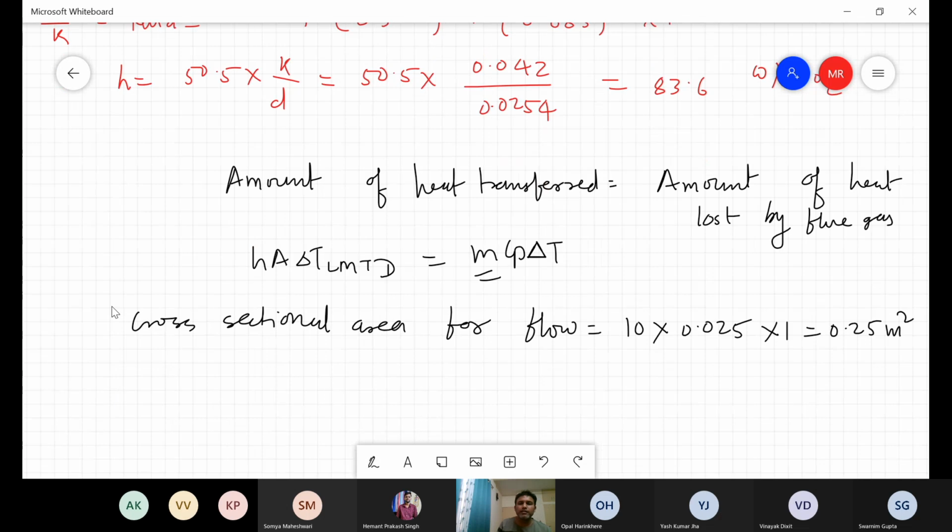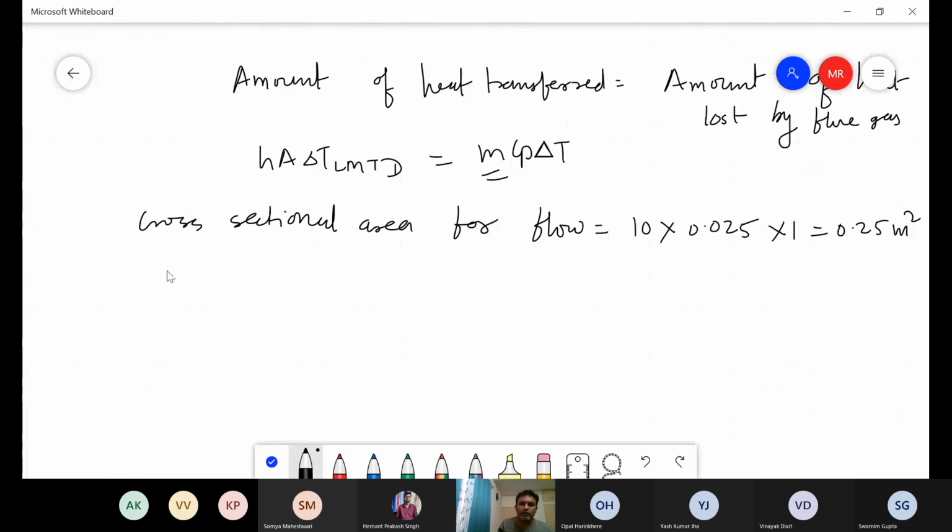Now what will be the volumetric flow rate? Volumetric flow rate is going to be 0.25, that is area into velocity. Velocity is 5. So that becomes 1.25 meter cube per second, isn't it?